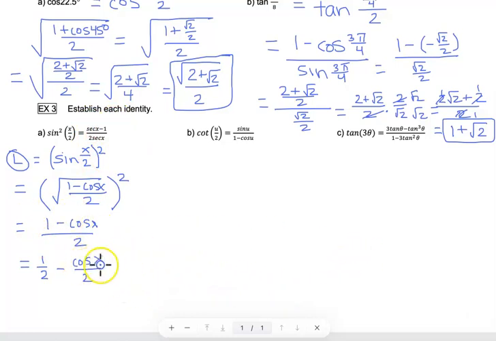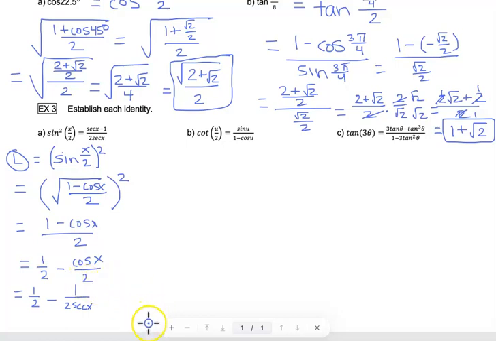So I know that cosine and secant are reciprocals of one another, which means that I could rewrite this, trying to decide where to put it, as 1/2 minus 1 over 2 secant x.